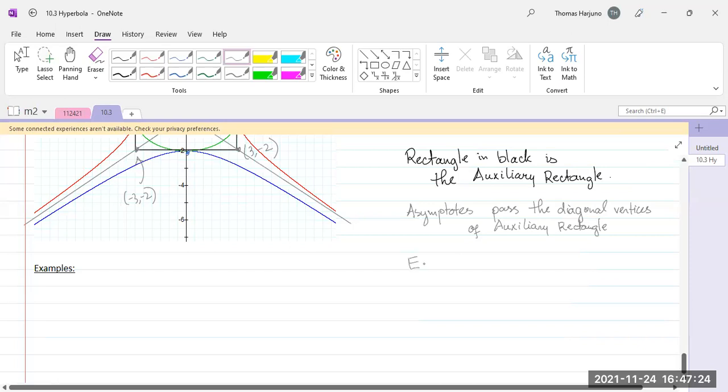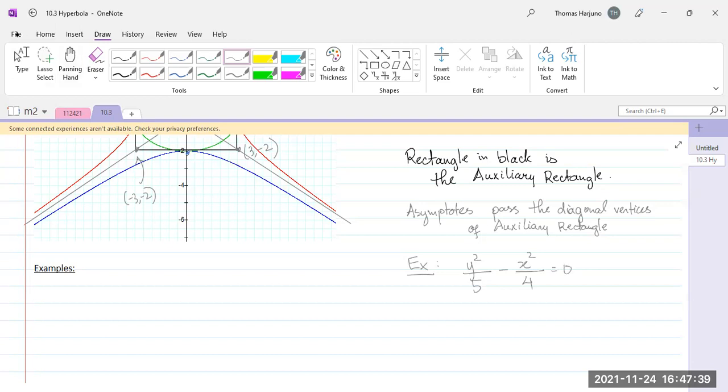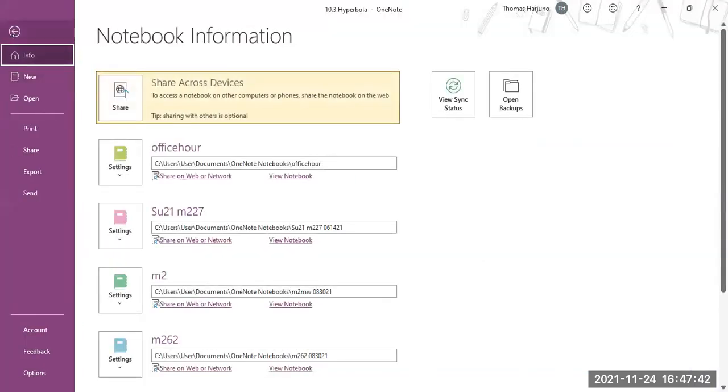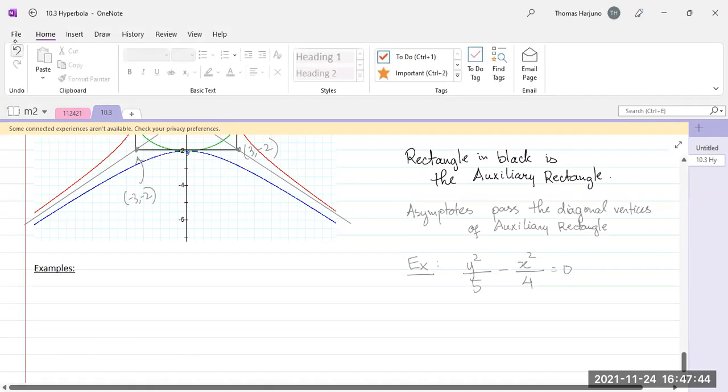So for example, if I have y squared over 5 minus x squared over 4 equals 1, then what will the asymptotes be?